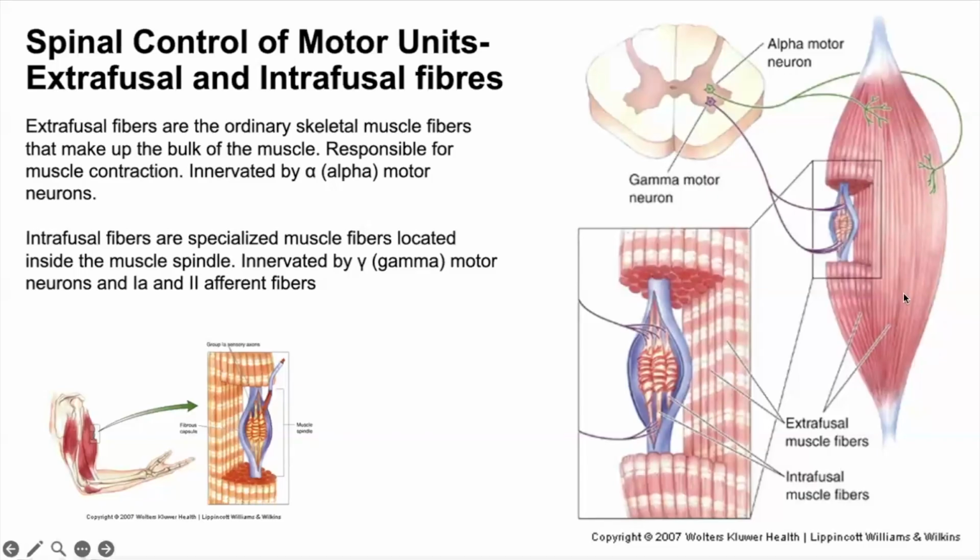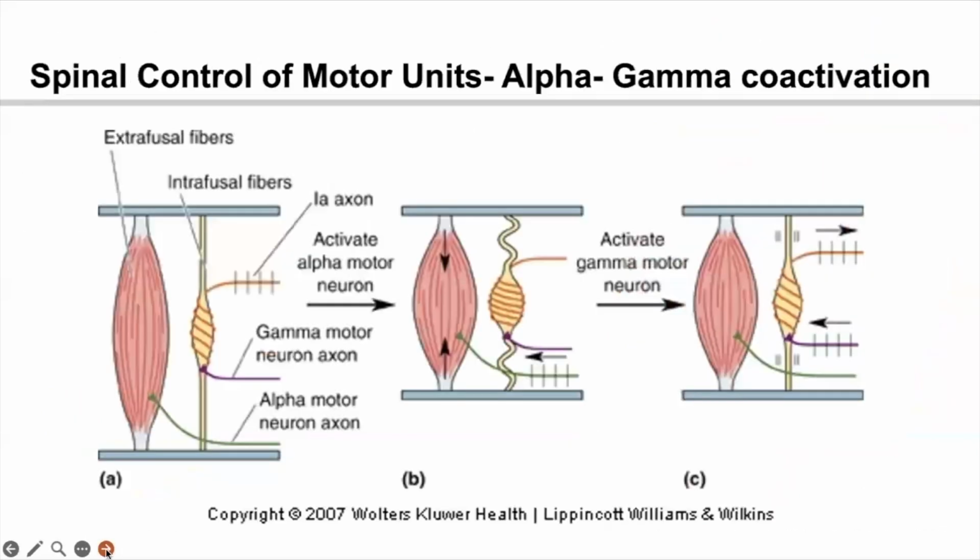Now, what happens with the contraction of the extrafusal fiber, we'll see in this. So this is the muscle, and alpha motor neurons are coming in. You can see the breadth of this: in the center, it's a bulged area, the muscle as it looks. When contraction happens, the center part becomes thicker.